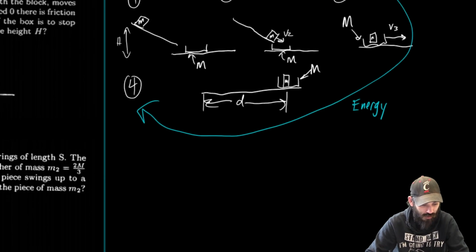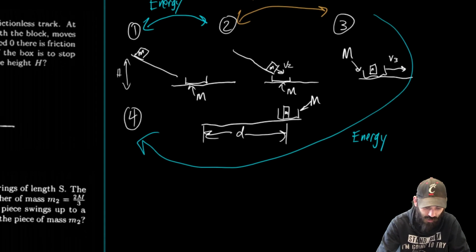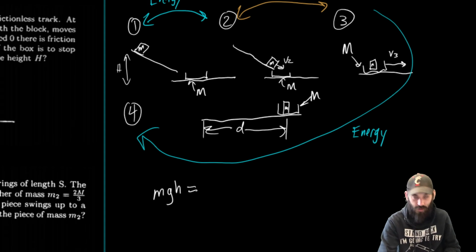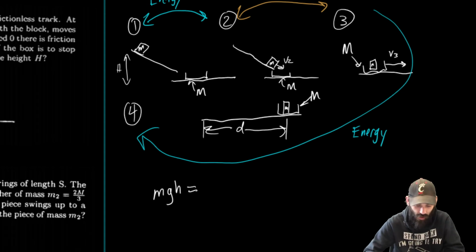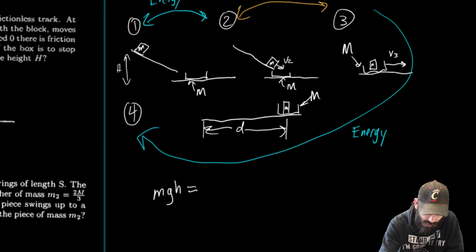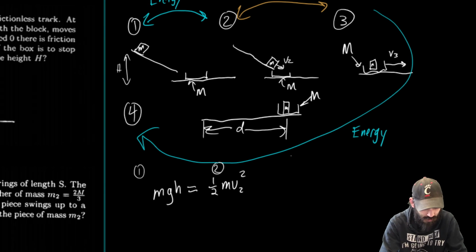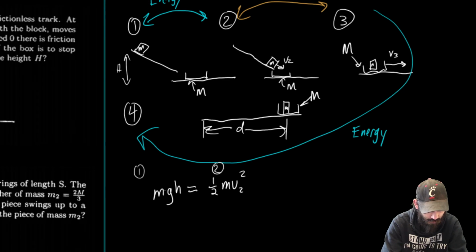So to write the energy in state 1, we have gravitational potential energy, mgh. And this is going to be equal to the kinetic energy of this block when it gets down to the bottom. So this is going to be 1/2 mv2 squared. So this is state 1, this is state 2. Okay. So from this, let's just leave this for now because we don't know exactly what we're trying to solve for yet.